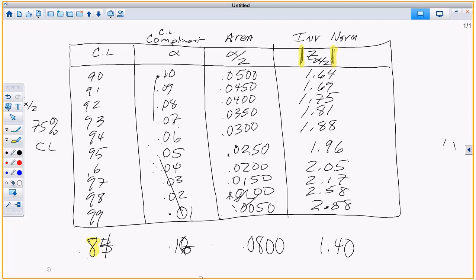So in that case, let's make it 76. So that would be 24%, and half of 24 is what? 12, so you would do inverse norm 0.1200. And that would be your z-score at a 76% confidence level. Okay, so everybody got the method there to find your z sub alpha over 2? Okay, now it's going to ask us to find the margin of error. So now we can go back and do that.